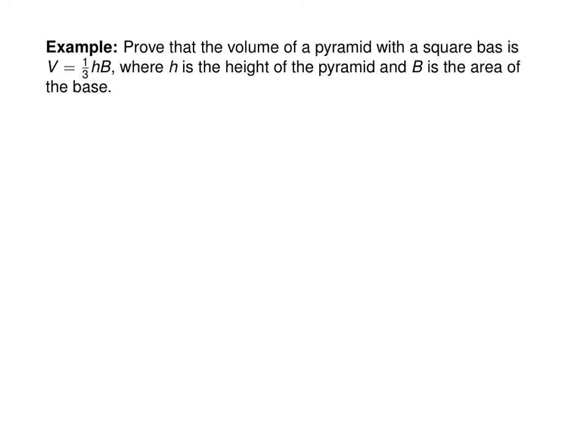In this example, we will prove that the volume of a pyramid with a square base is 1/3 HB, where H is the height of the pyramid and capital B is the area of the base. Now, let's also just define that the base looks like this, with sides little b, so capital B is equal to lowercase b squared. So here is what our pyramid looks like if you look at it straight on.